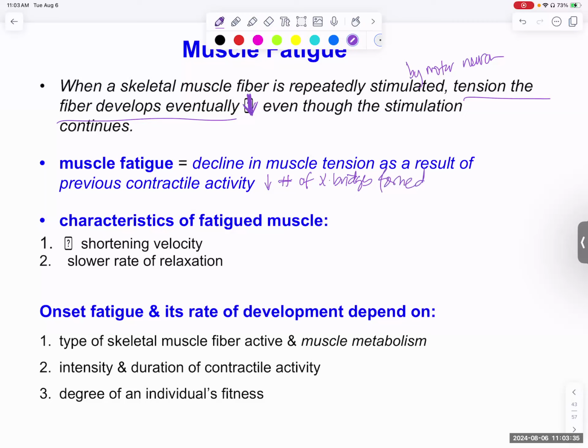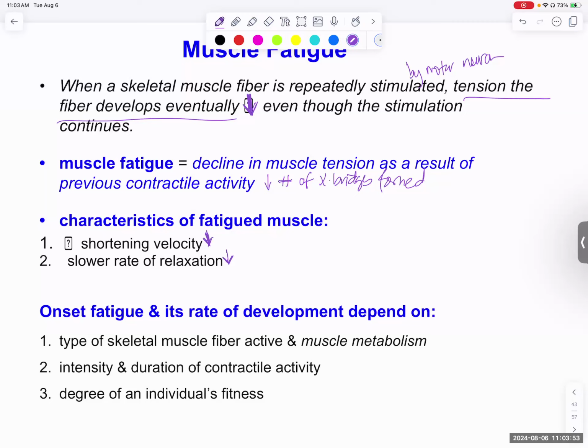Why? Because you ran out of ATP, or well, I should say the velocity decreases. It's also a slower rate of relaxing.